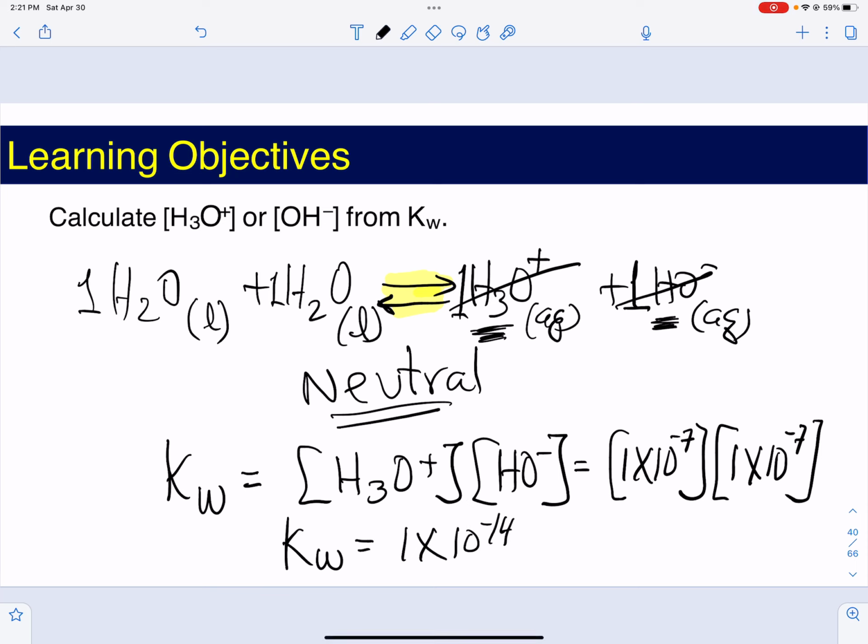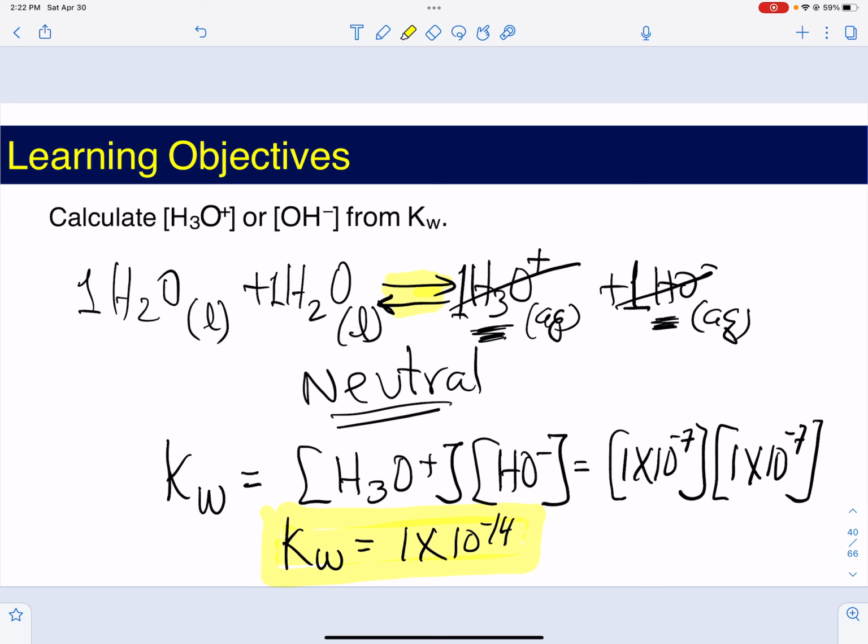And this value is extremely important to remember. This tells us that no matter what, the amount of hydronium and hydroxide will always be in equilibrium with that total amount.